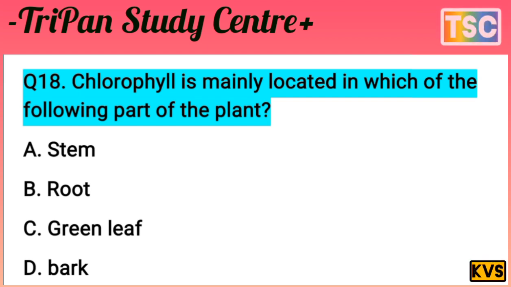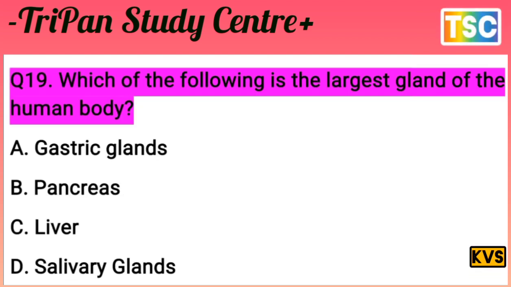Let's see the next question on your screen. Which of the following is the largest gland of the human body? The question is very interesting, and it is also important for all competitive exams.